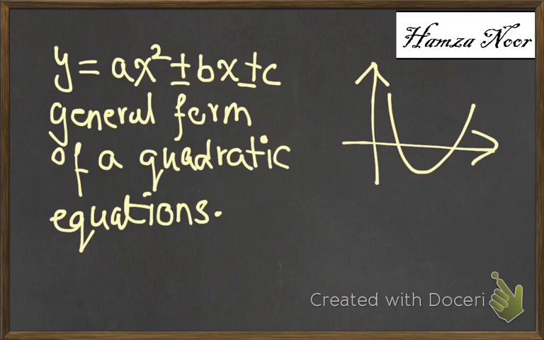Another method of solving a quadratic equation is completing square form, but it is generally used for locating the turning points of the graph, which can be either maximum or minimum. If the coefficient of x squared, which is a, is greater than 0, then it is a minimum point.